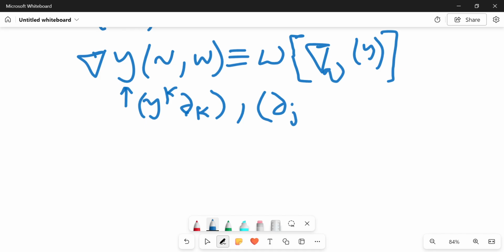The coefficients are 1 for d_j. What is w? W is the dual vector. So for the basis of the dual vector, we take the basis for the dual vector, not any other vector. We take dx^j, say.